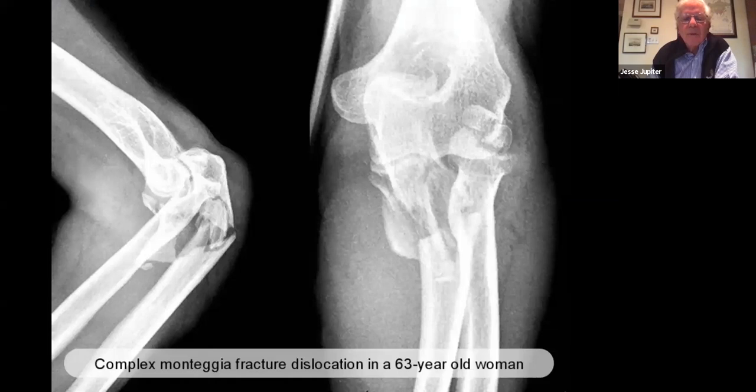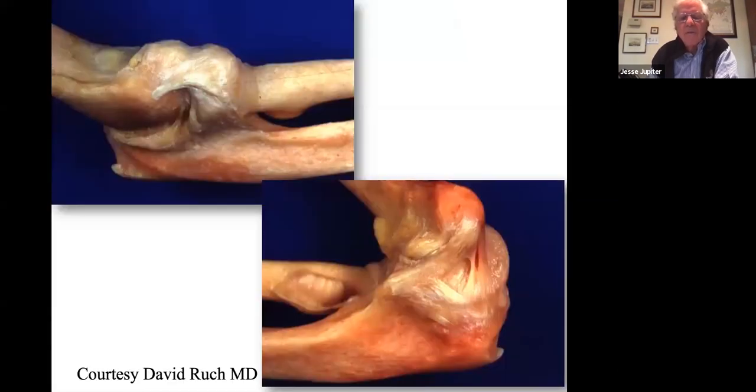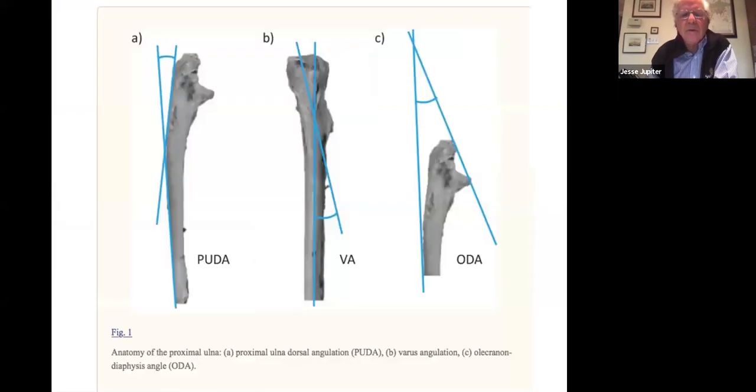Remember that besides it involving the diaphysis to a certain degree of the ulna, it involves the proximal component, which is both ligamentous and articular. So bear in mind that some of these injuries will have combination of joint dissociation and ligament injury.